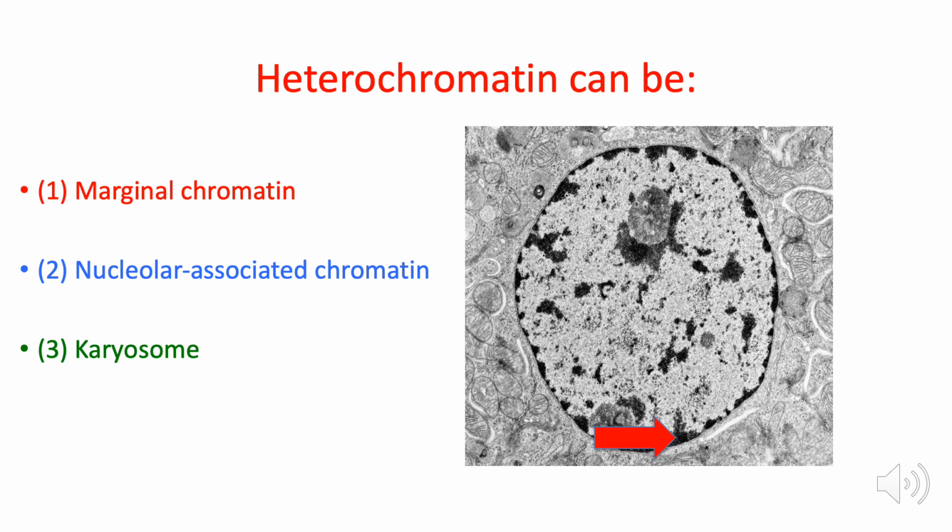While the chromatin that you can find associated with the nucleolus will be called nucleolar associated chromatin. The other heterochromatin that you can find between the marginal and the nucleolar associated chromatin will now be referred to as the karyosome. So this is one karyosome, this is another karyosome.